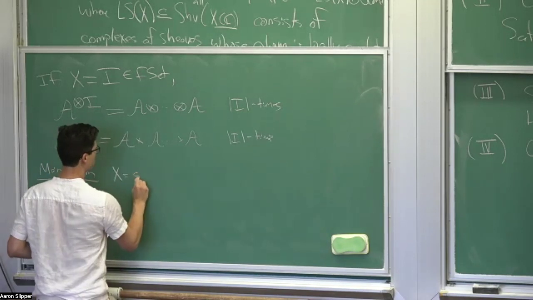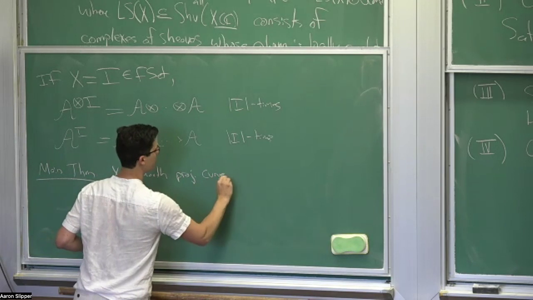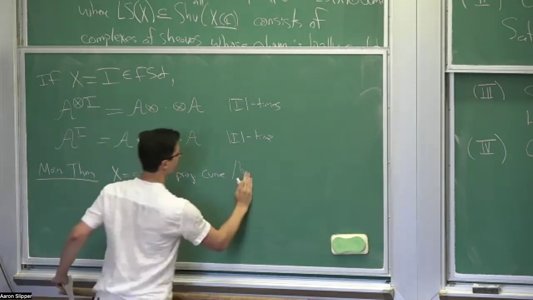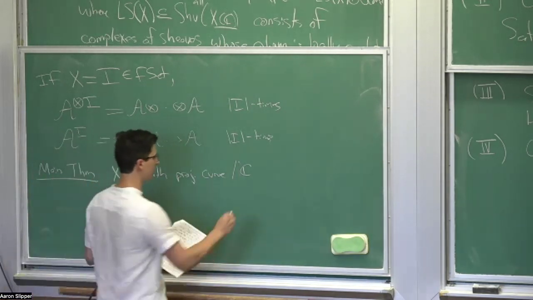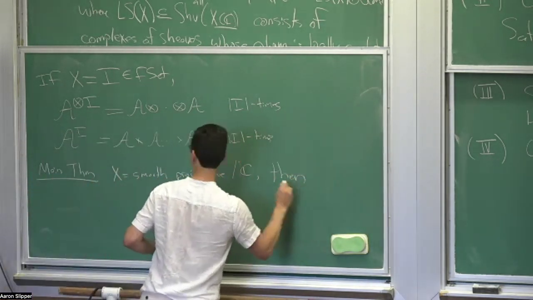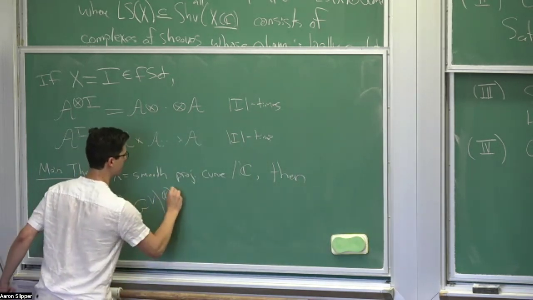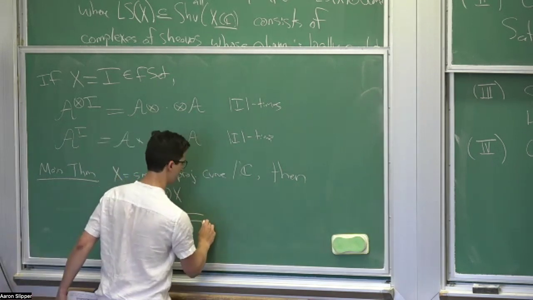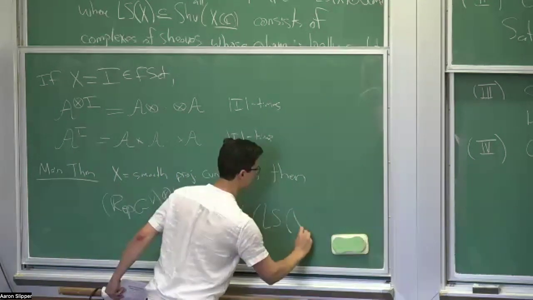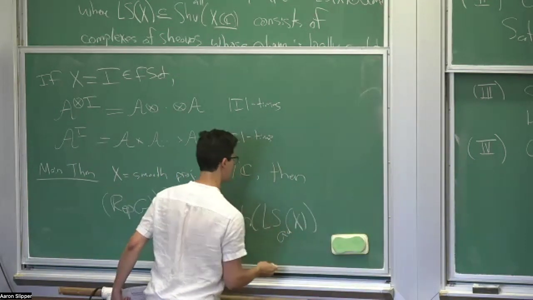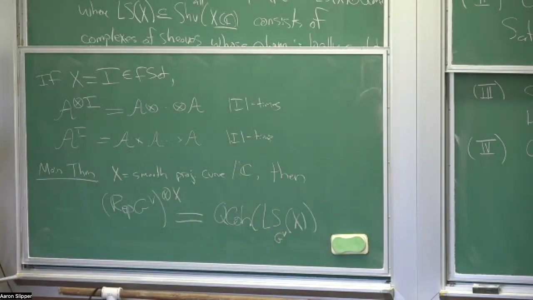So if X is a smooth projective curve, okay, and it's very important that we're working in the Betti setting for the proof I'll present, then Rep G check tensor X is QCoh of LocSys.